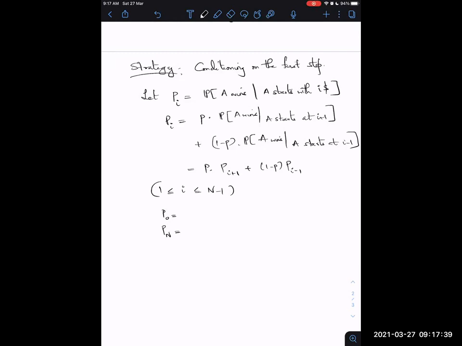You don't have to solve this equation for that. It's just looking at the definition. Yeah, exactly. P0 is just 0. And what is Pn? Pn is 1. Exactly. Nice. So with these sort of terminal conditions, we have to solve this recursive equation.